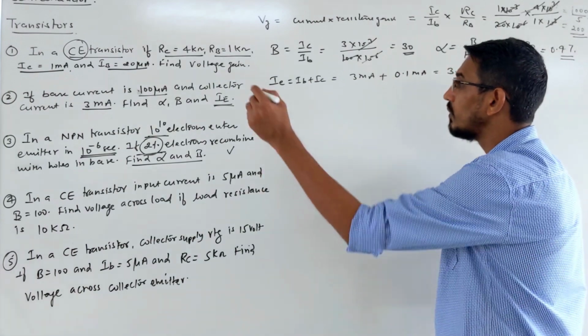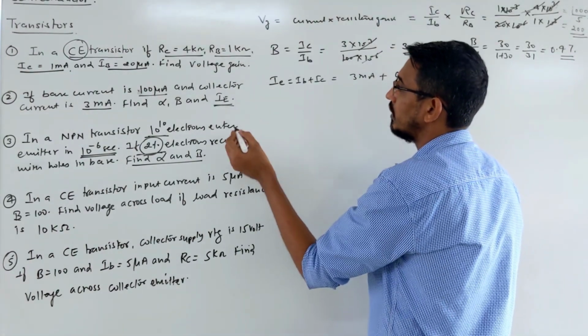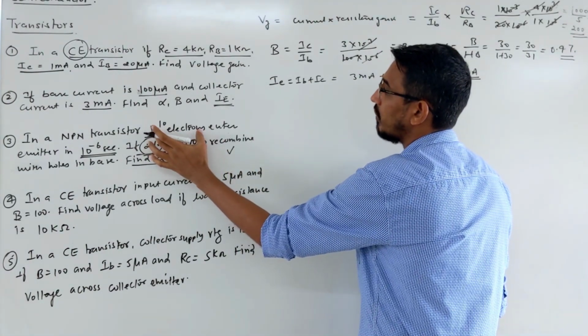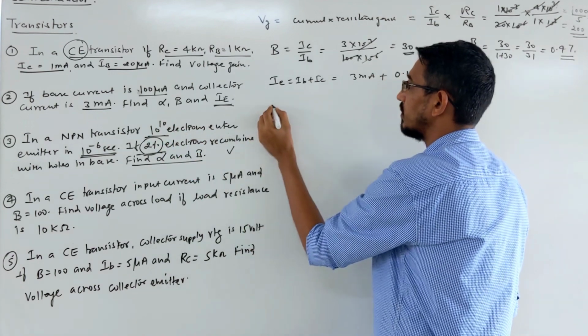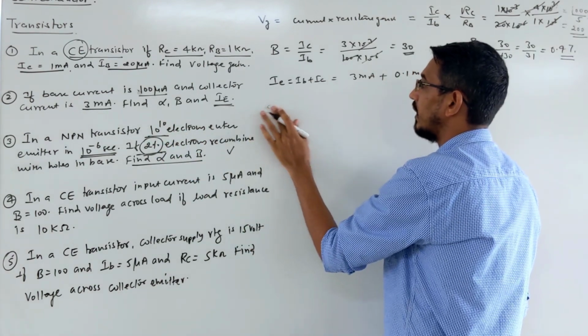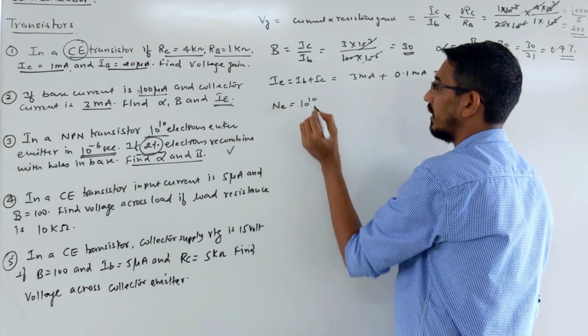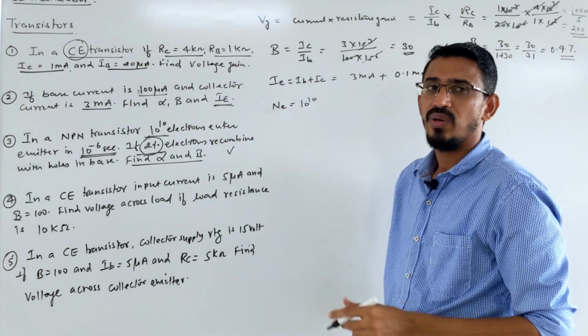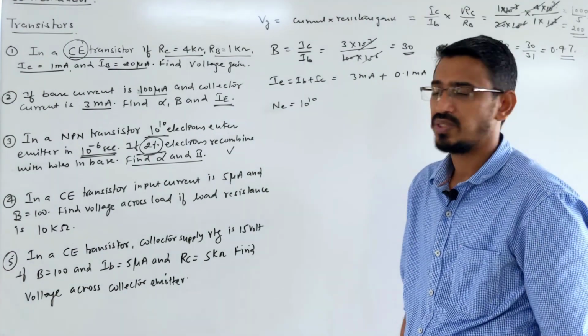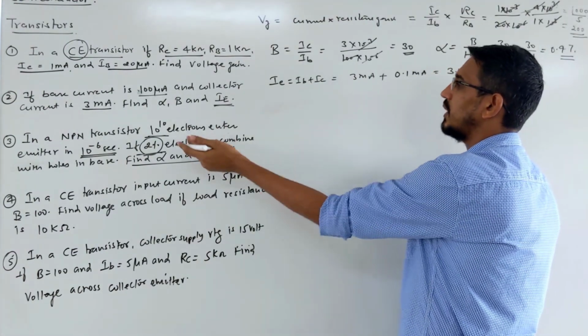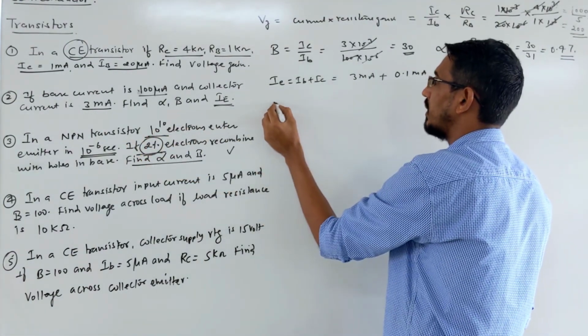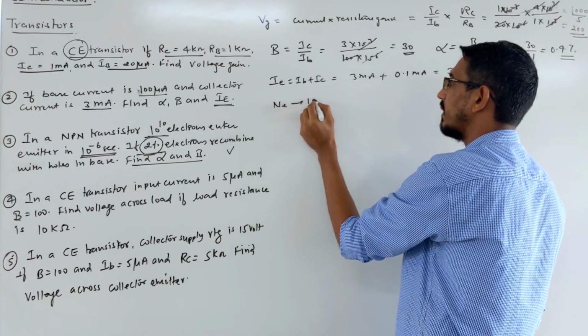Look here. Suppose what is given to you? The number of electrons entering an emitter. So let's write number of electrons entering an emitter. How much given? 10 power 10. Or you can call them just 100% also. More simple way, right? Suppose these people are entering into the emitter, you say 100%.